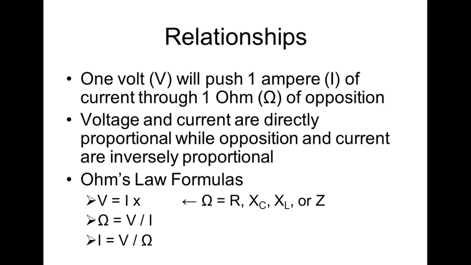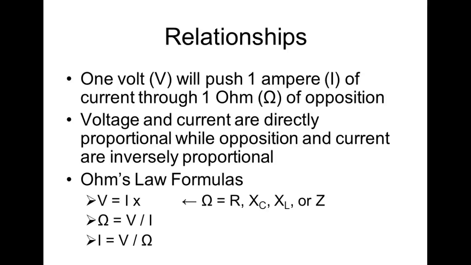So we have two types of opposition in a circuit and even in a conductor. We have what we refer to as resistance, which y'all are all familiar with. Y'all all had intro, y'all all had DC. So you understand R. But in cabling, in AC, we need to understand something called reactance.